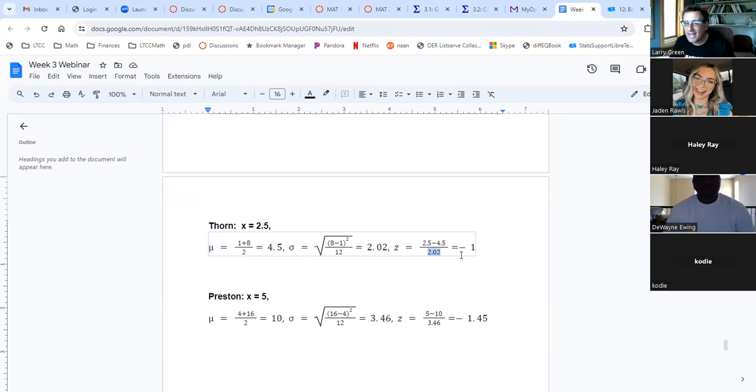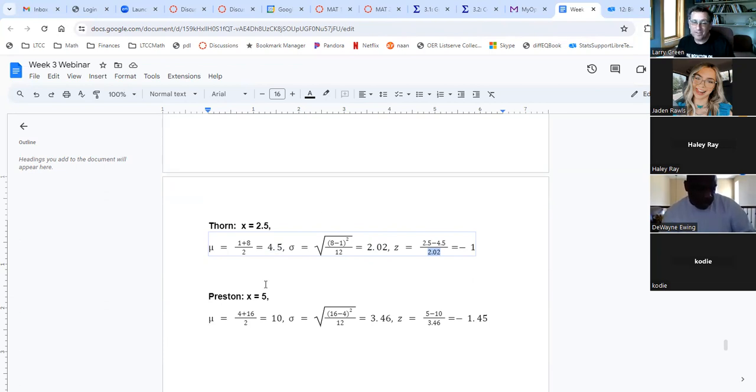And when you calculate that, you get approximately -1. Any questions on that? So on the low side, but definitely not an outlier.